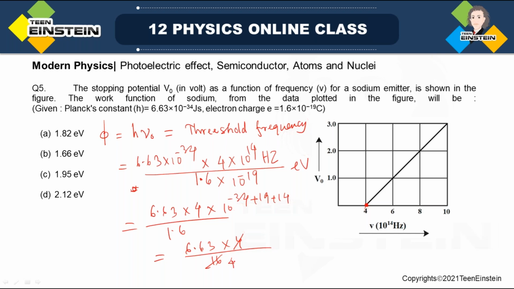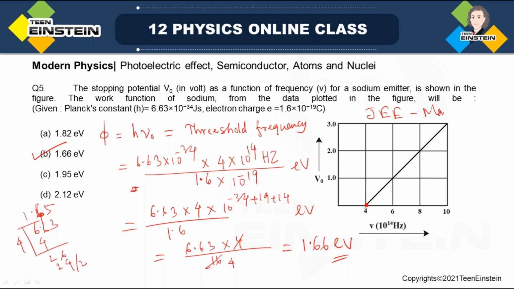If you divide 6.63 by 4, you get around 1.65, so it is nearly 1.66 electron volt. Okay, this is how you can find out the work function. So this was also a good problem, and this problem is from the JEE paper of May 2019.